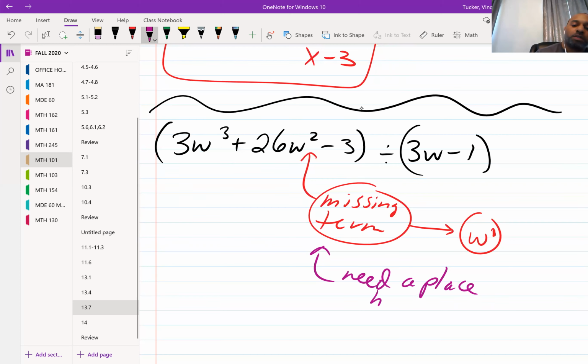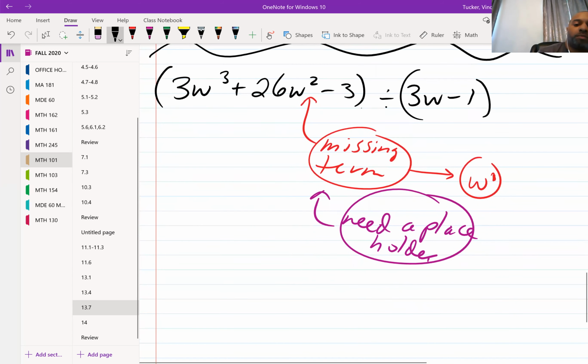So you do that, just to make sure you're good when you go throughout your long division process, and you go throughout your steps. So that's what that helps you to do. So the way we'll set this up, 3w minus 1.